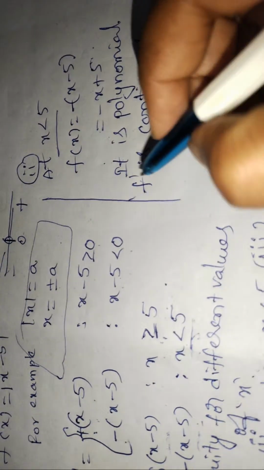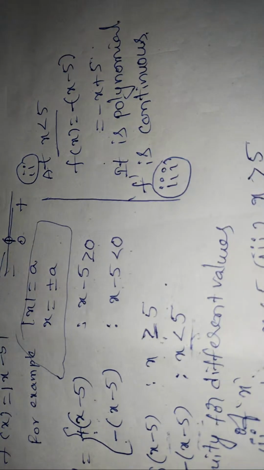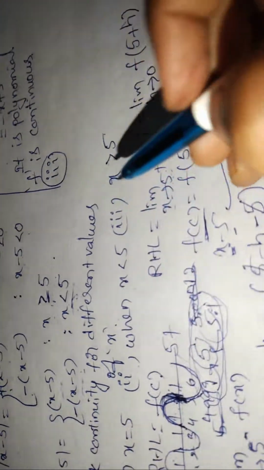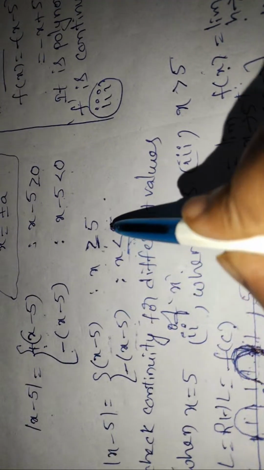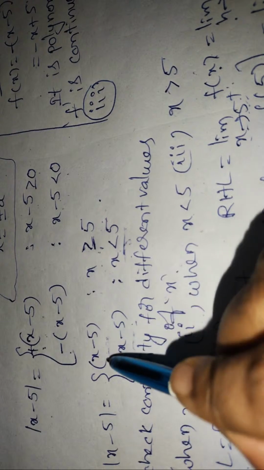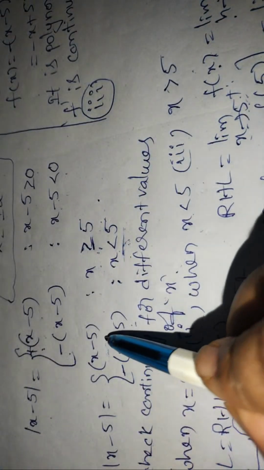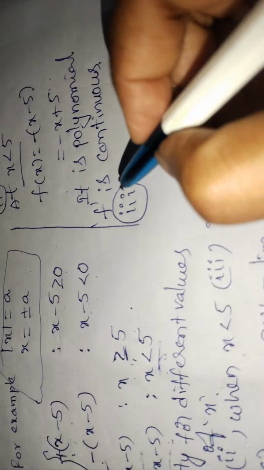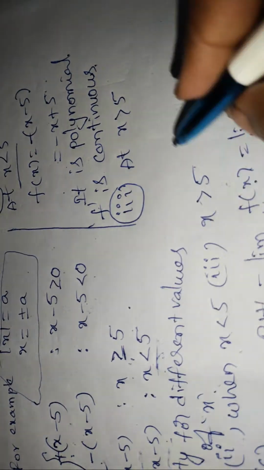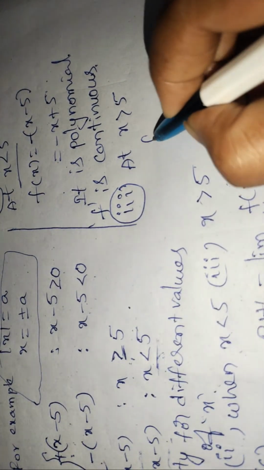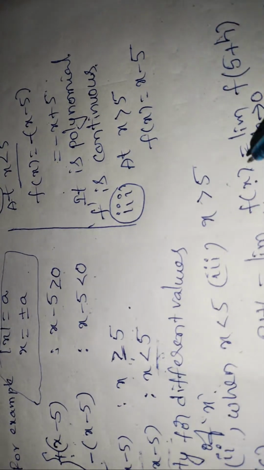Next case and last case. What is the last case in this? x greater than 5. When x is greater than 5, at that time what is the function? Plus of x minus 5. So we take plus x minus 5. In this case, at x greater than 5, f of x equals x minus 5.